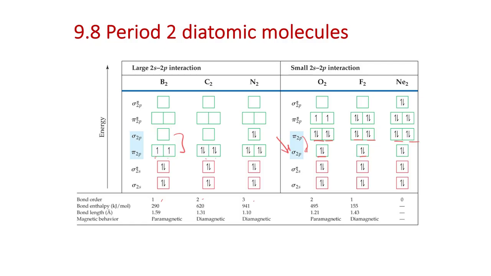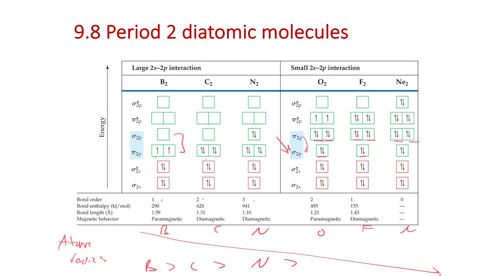So we're going single, double, triple for B2, C2 to N2. Now, if you're thinking of atomic radius, think of boron, carbon, nitrogen, oxygen, fluorine, and neon, and the left to right trends in size from chapter 7. We should have a decrease in size from left to right, so boron is bigger than carbon, nitrogen, oxygen, fluorine, and neon.